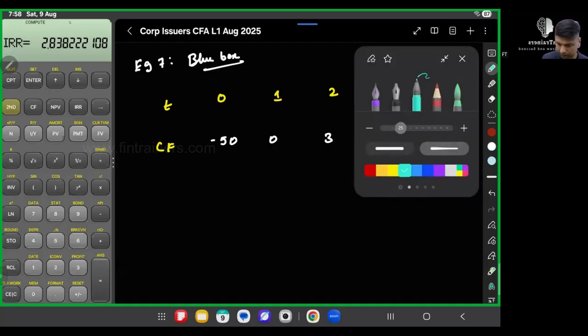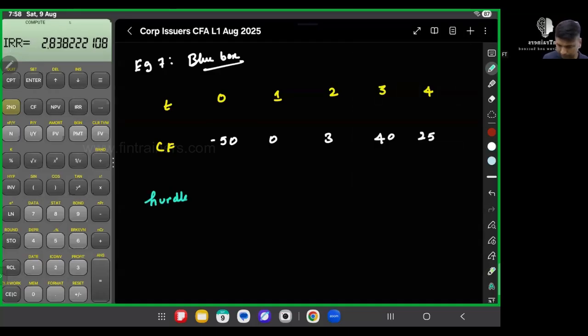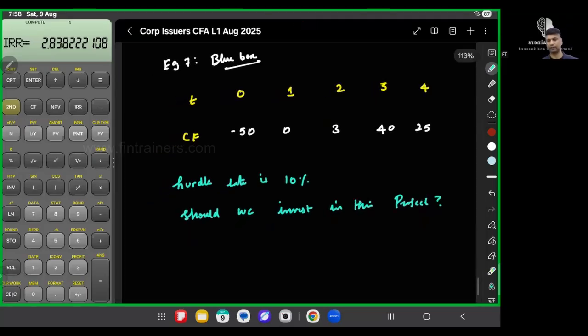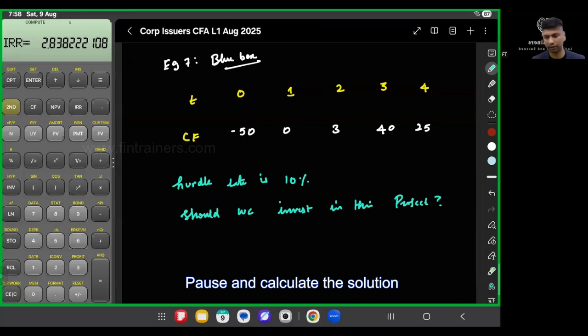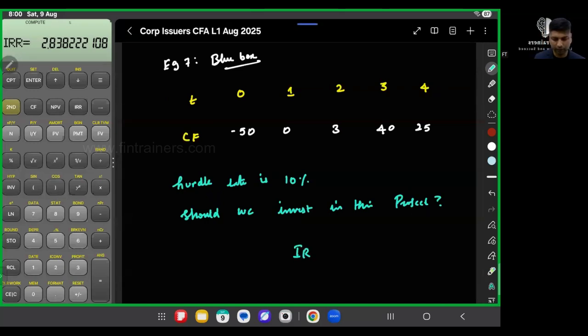If the hurdle rate is 10%, should we invest in this project? Calculate the IRR, compare it with the hurdle rate, and say whether we should invest or opt out. The answer: IRR is going to be 9.73%, which is less than the hurdle rate of 10%.